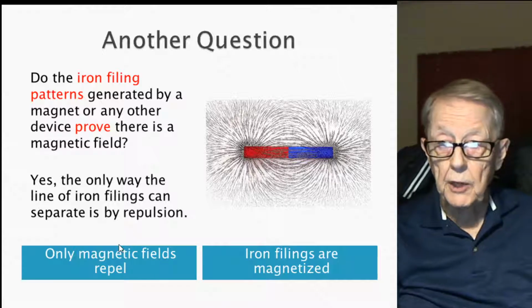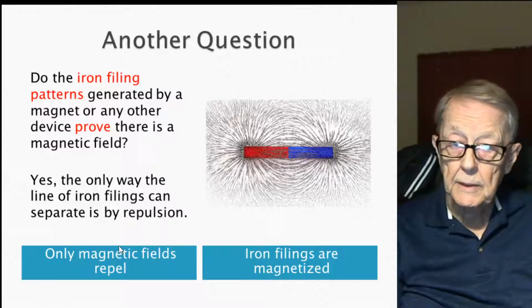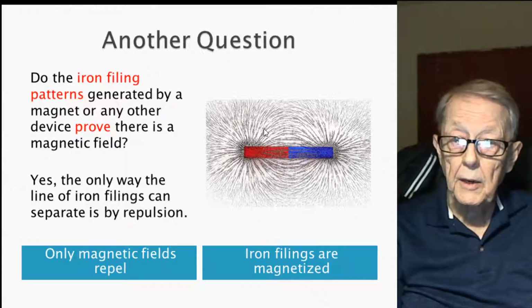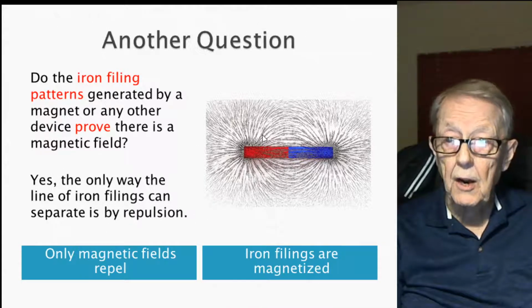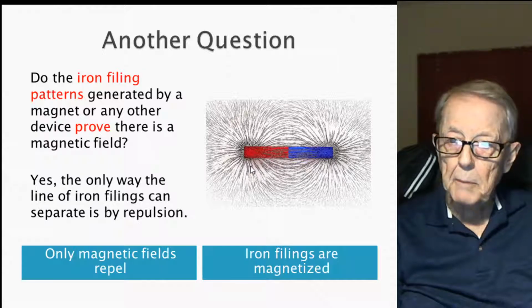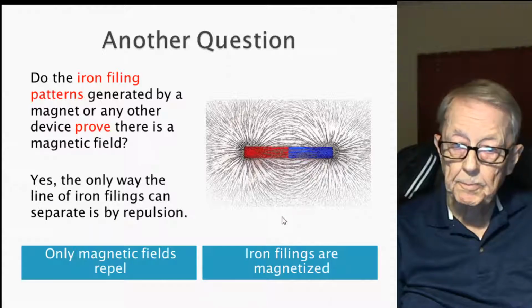Because we don't have charge and plus or minus attraction and repulsion, only magnetic fields repulse. So I claim, yes, these iron filings are magnetic. They pick up the magnetism from the larger magnet.